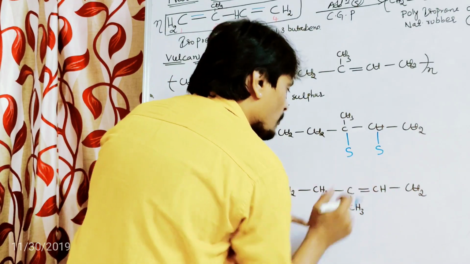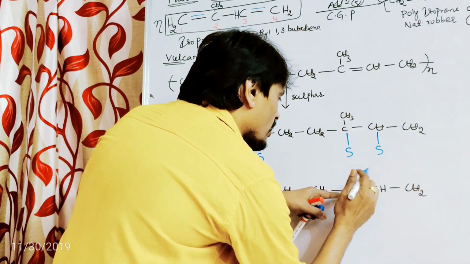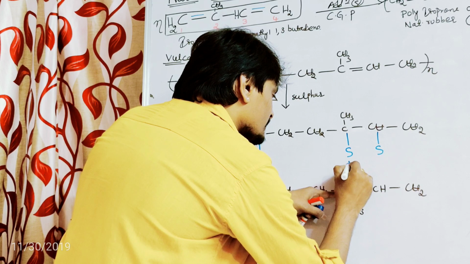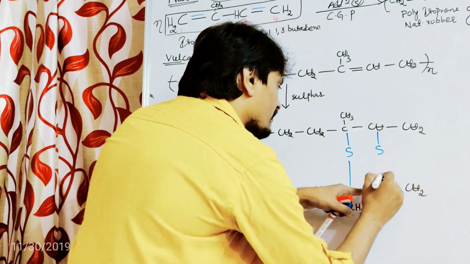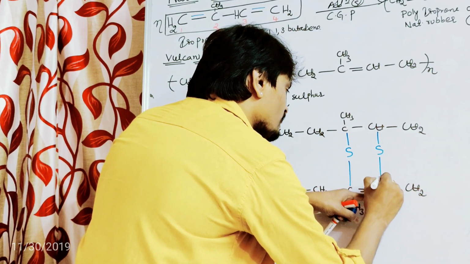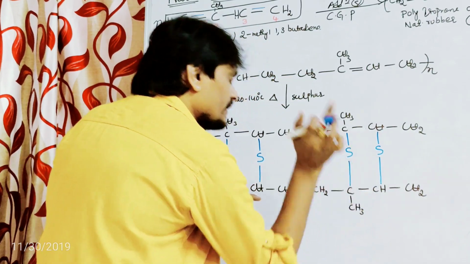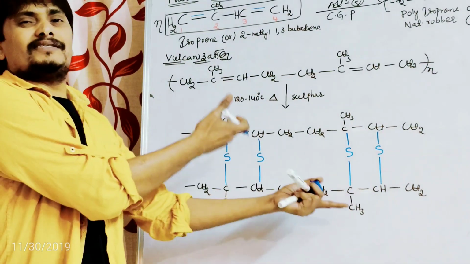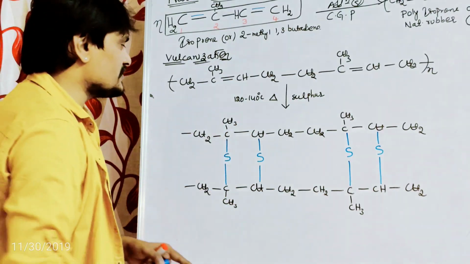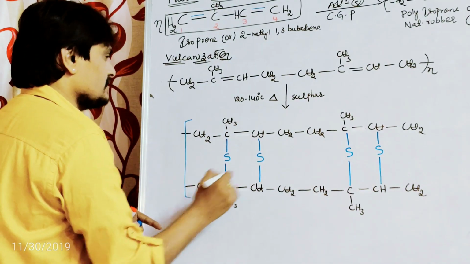Now with respect to the double bond, on the left side, sulfur, on the right side, sulfur. Now the double bond should be converted to a single bond. So this is your structure of vulcanized rubber, students.